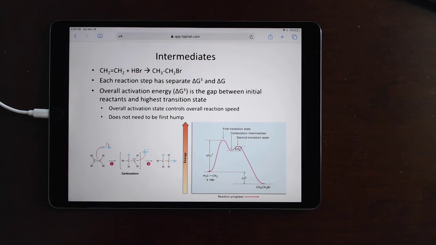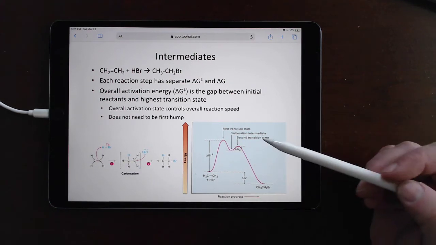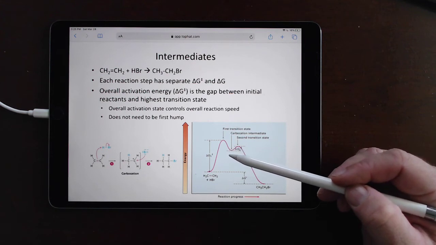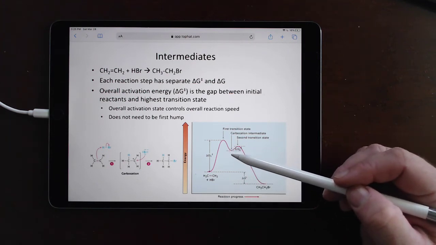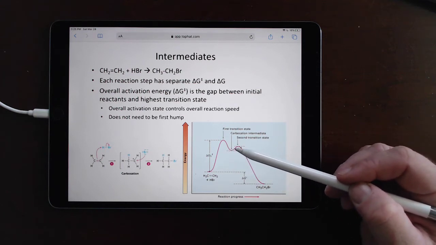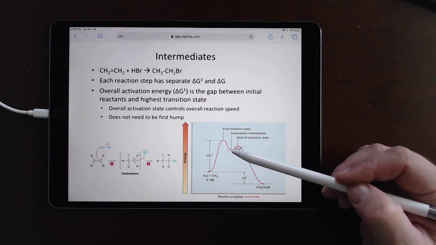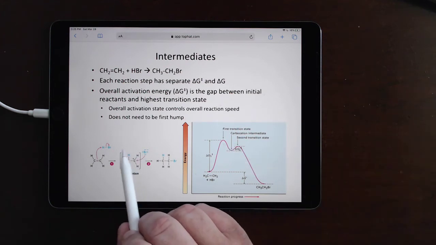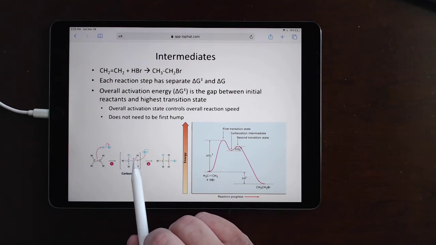So the intermediates, okay, that's where we get these little dips. So that's where you can't isolate these things, because they're too high of energy, but you can detect them. So for example here, this intermediate is right here where you have the carbocation formed.